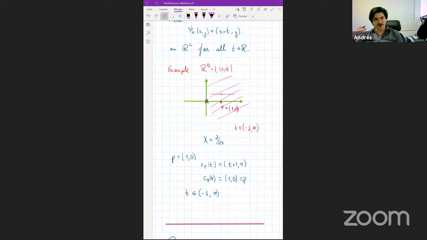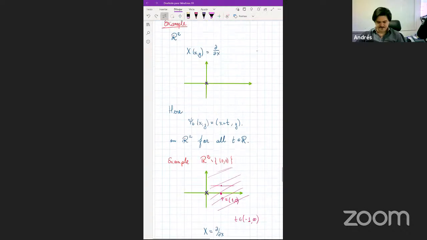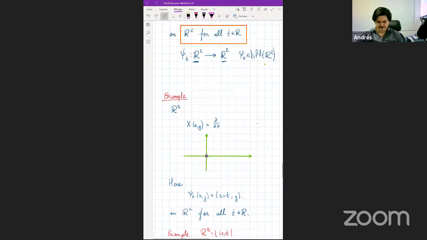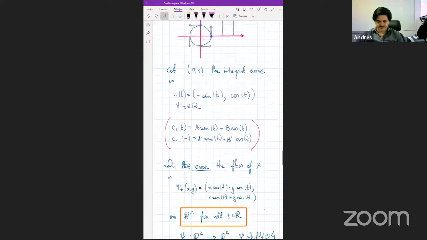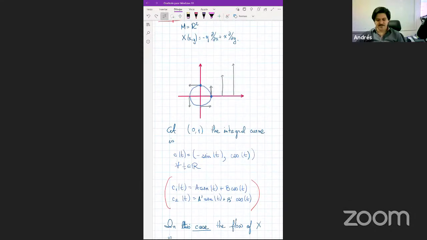If you understand this, forget about Rn. If you understand this in R2, then you have it. Okay.